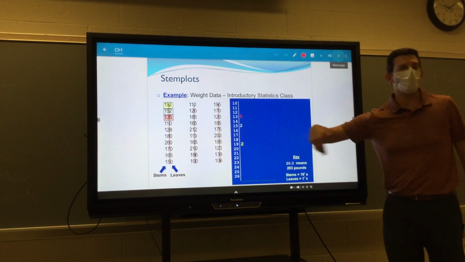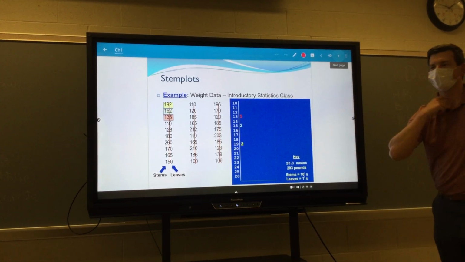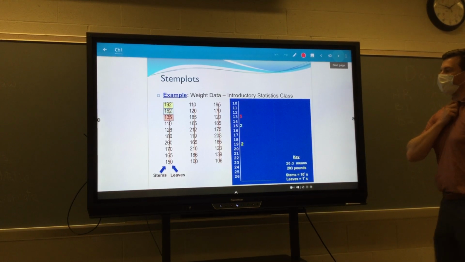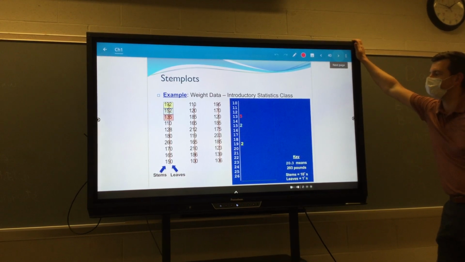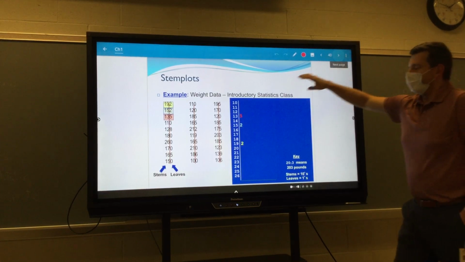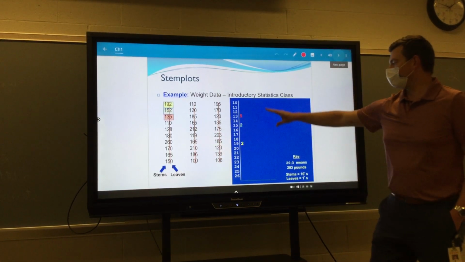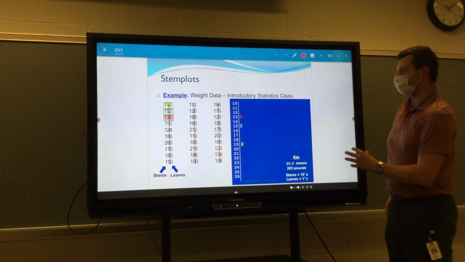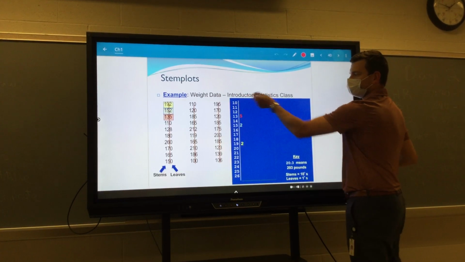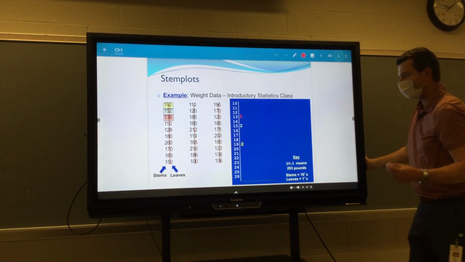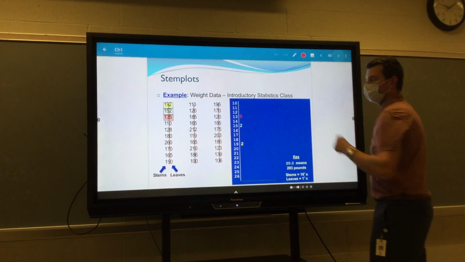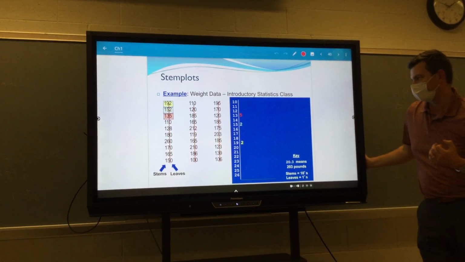So that weight data that we had from that VCU stats course, they set the stems as the hundreds place and the tens place, and then the leaves are the ones place.